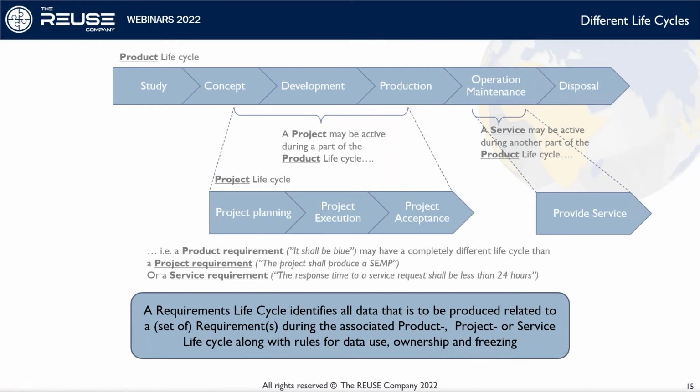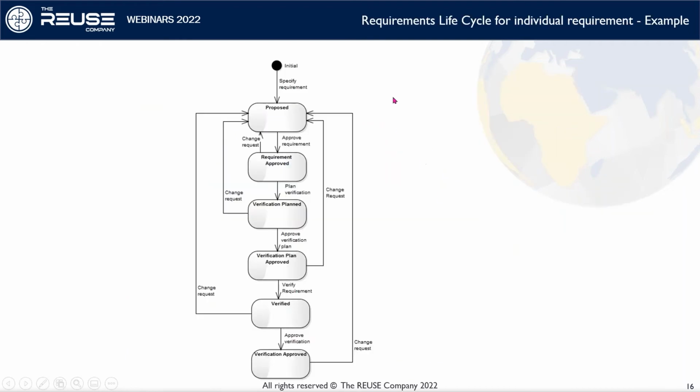Okay, if I start from the other end, from a very low level, an individual requirement statement also undergoes a number of steps in its life cycle. First of all, you may specify the requirement, decide this is the way the requirement should be specified. It shall be blue, or whatever requirement you need.